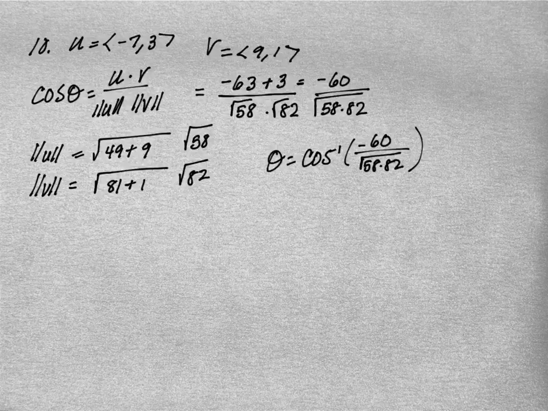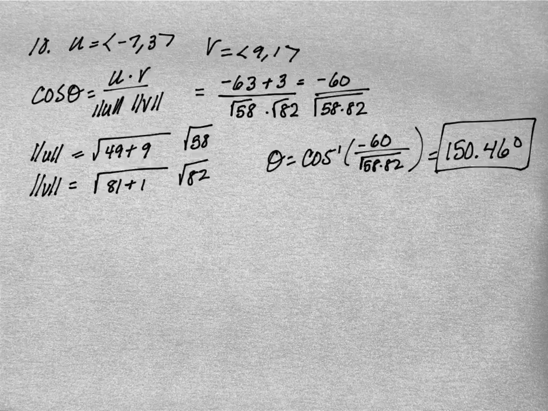You can just do the multiplication underneath, that way you don't have to do it and then write it down and then do it again. So it's a simpler way, I think. I got 150.46 degrees. So there's the angle for number 10.